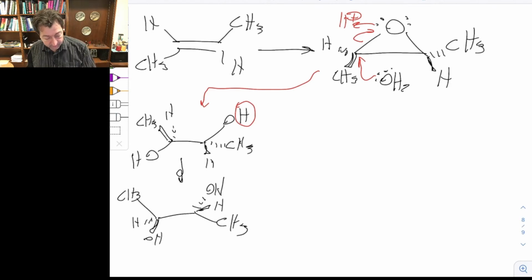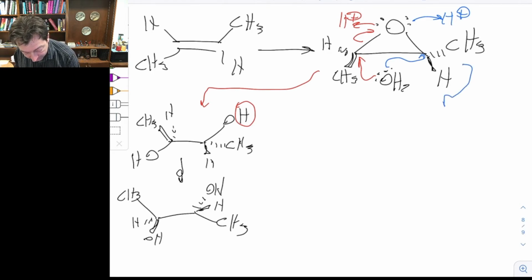Now again, let's look here quickly at the other sense of ring opening there. Again, attack on the other carbon, we can draw the blue pathway in here. And now, of course, the ring opens this way onto the oxygen, so we get something that looks like this. That's in blue now.